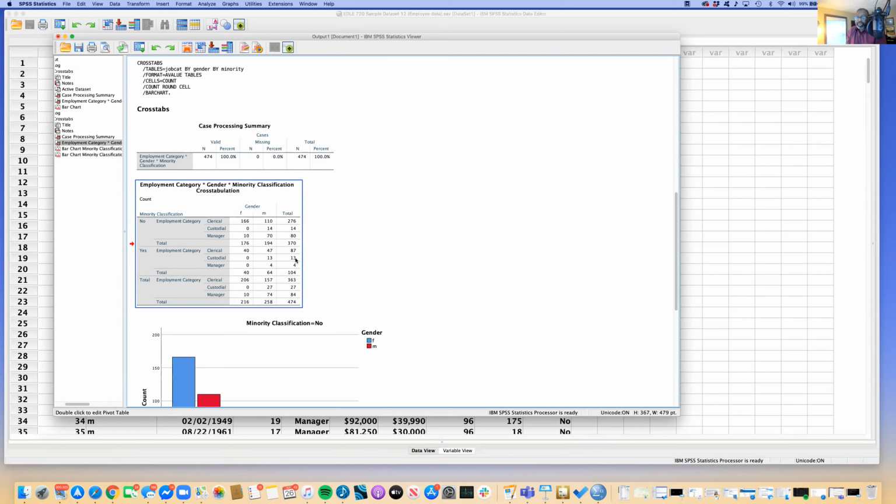Obviously, we're putting minority classification here in the layer because we're wanting to take a look at how it breaks down from that angle. But you can really mix them all up and get different perspectives. It's all how you want to read the data in this situation.